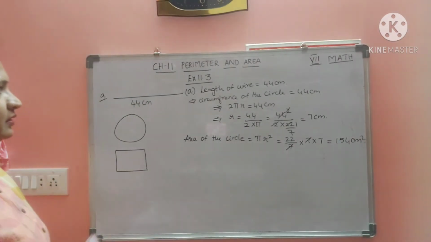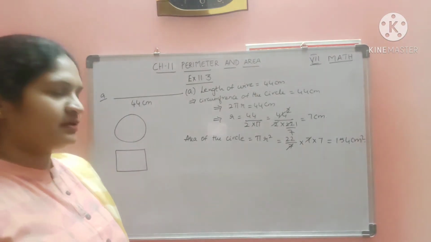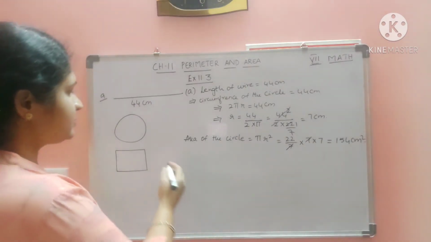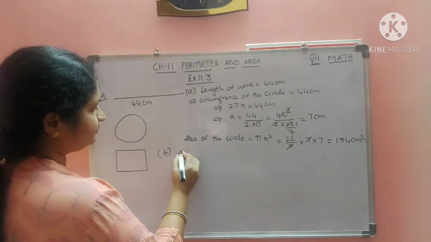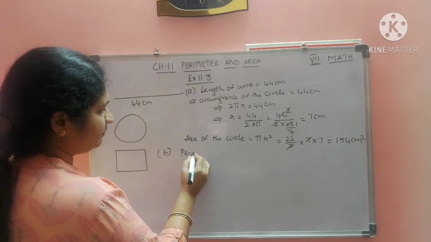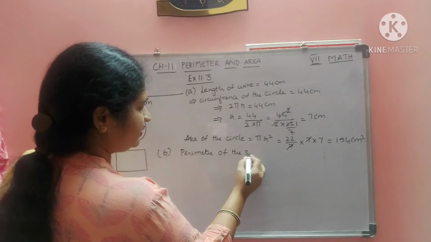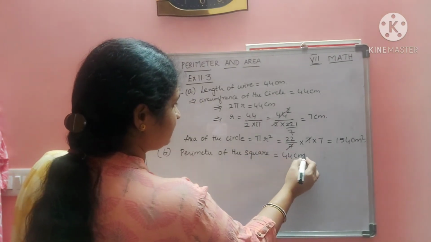Now the same length of the wire she bent into a square. So length of the wire is equal to the perimeter of the square. Perimeter of the square is equal to 44 centimeters.